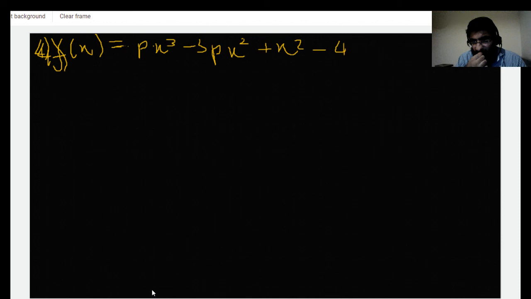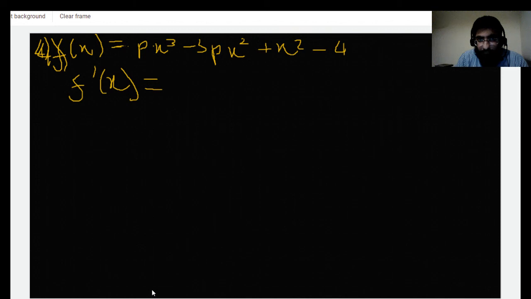When x is equal to 2, f double dash of x is equal to minus 1. So first you find f double dash x, then you make that f double dash 2, and then you put it equal to minus 1.